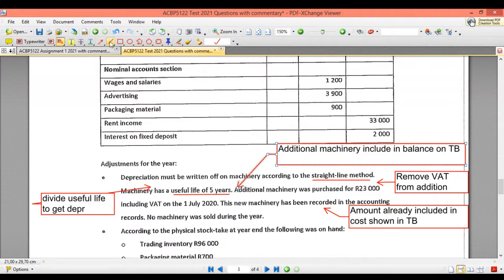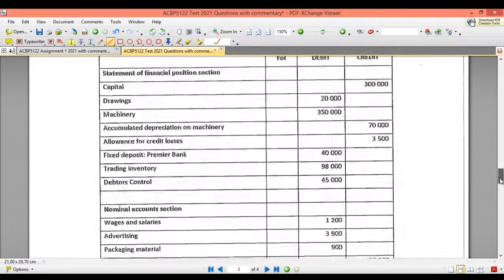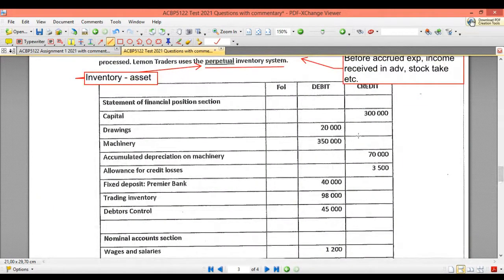Okay, and they tell you it was purchased for 23,000, but then they tell you it's inclusive of VAT. So that means I need to remove the VAT component to work out the depreciation for it. So let's quickly see what was the machinery value at the end of the year. It was 350,000.